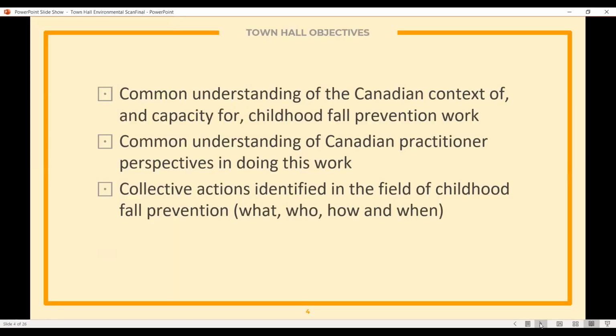We'll move on to talk a little bit more about what will happen today. We are going to begin the agenda with a short presentation by Ellen. She will review the environmental scan findings, implications, and recommendations. There will be opportunity at the end of Ellen's presentation for a Q&A.